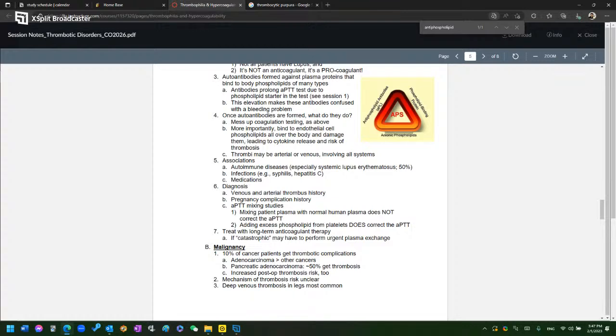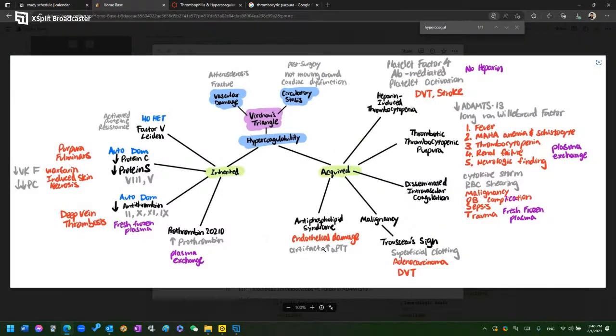The reason for that is because the starter is supposed to be phospholipid. So when you have the antibodies, they're going to bind up all the phospholipid and prevent it from starting the clotting test. So then it will look like it's actually higher. But if you add a lot more phospholipid so that the phospholipid starter isn't covered, then you will get your normal APTT. So that's what the artifact APTT is.